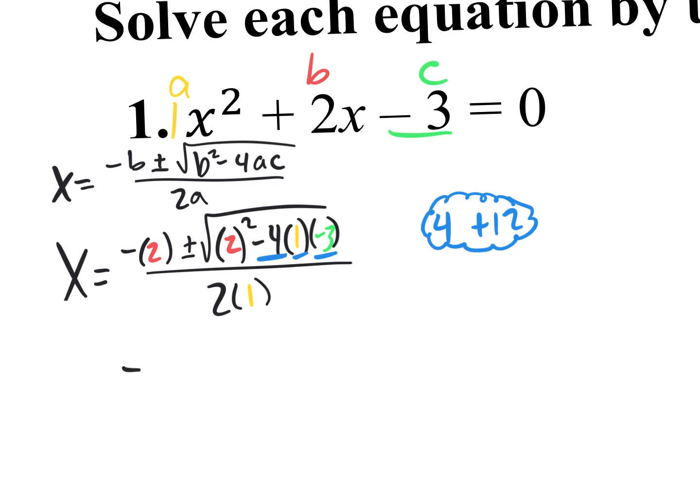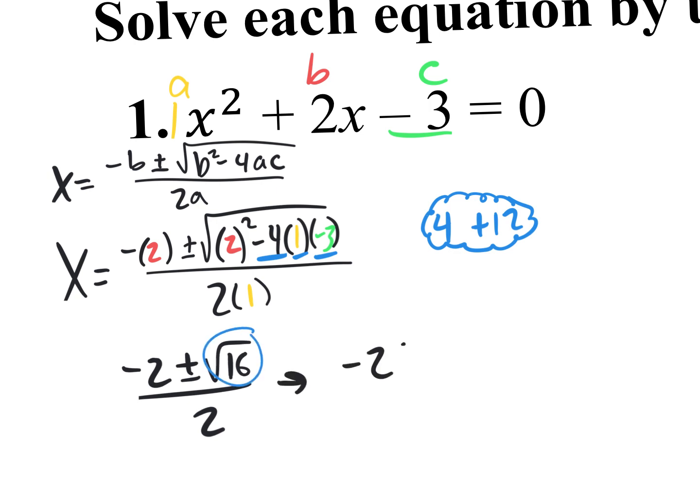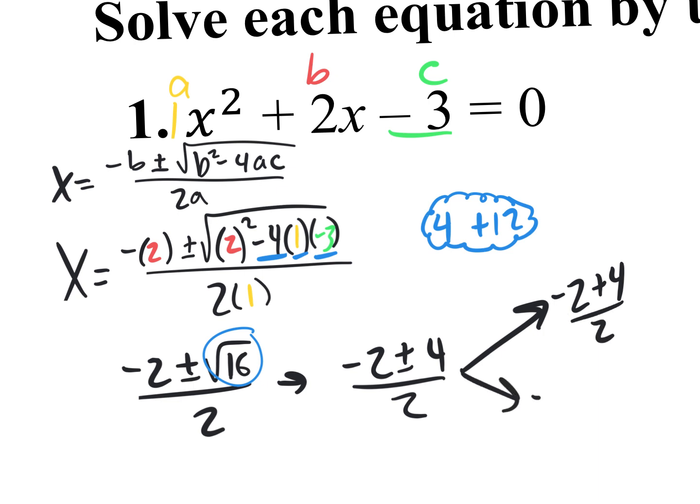So what I have here is -2 plus or minus the square root of 16 over 2. What is the square root of 16? 4. So you have -2 plus or minus 4 over 2. And this produces 2 answers. -2 plus 4 over 2 and -2 minus 4 over 2.